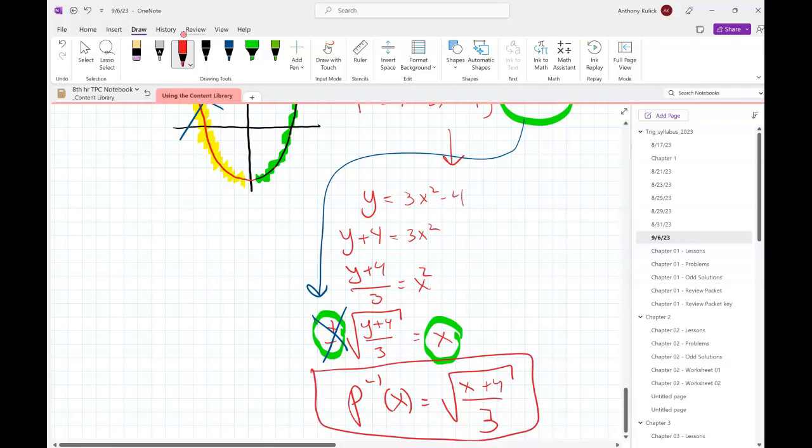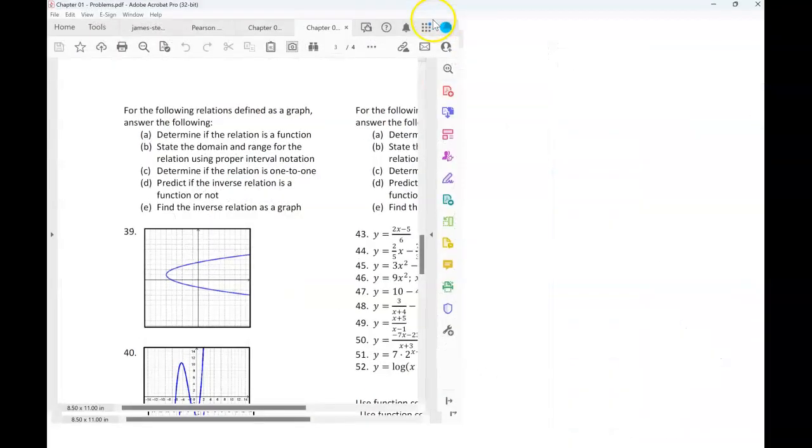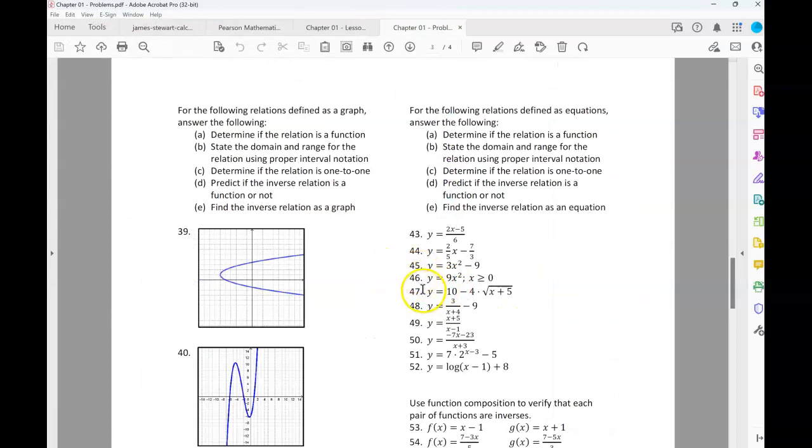Now, would I ask you to repeat this on a test? No. How would this come up? Well, if you look at your homework set, and you look at one like number 46, notice you're given that condition, right? All that's doing is ensuring to you that when you find the inverse, it's going to still be a function, that you can dump the plus or minus.